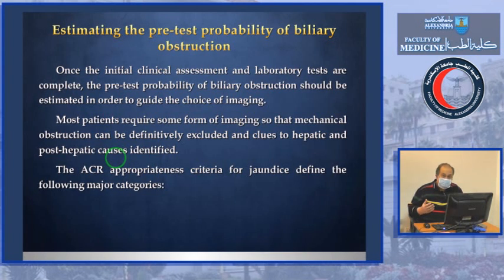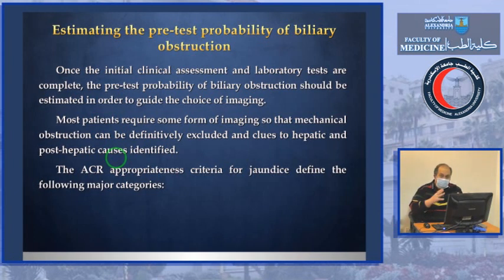The second point is the bile ducts. Are the bile ducts inside the liver dilated or not dilated? If the bile ducts are dilated, it means that there is obstruction outside the liver, for example, a stone in the end of the common bile duct.